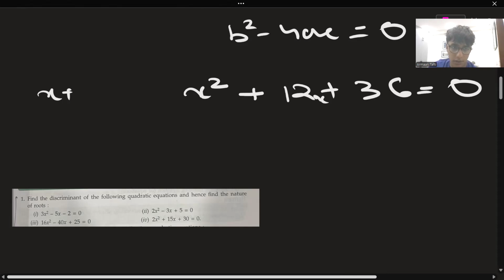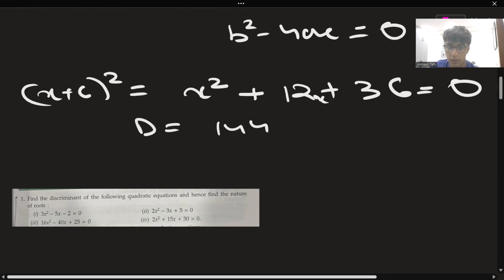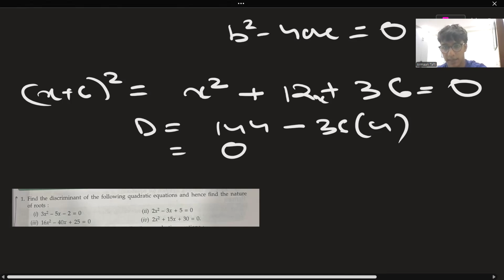I'm just going to write that down as well. Now let's find the discriminant of this. The discriminant equals b square, which is 144, minus 36 times 4. And you realize that it's 0. So whenever a quadratic has equal roots, like x plus 6 whole square, where the roots are minus 6 and minus 6, then your discriminant is equal to 0.